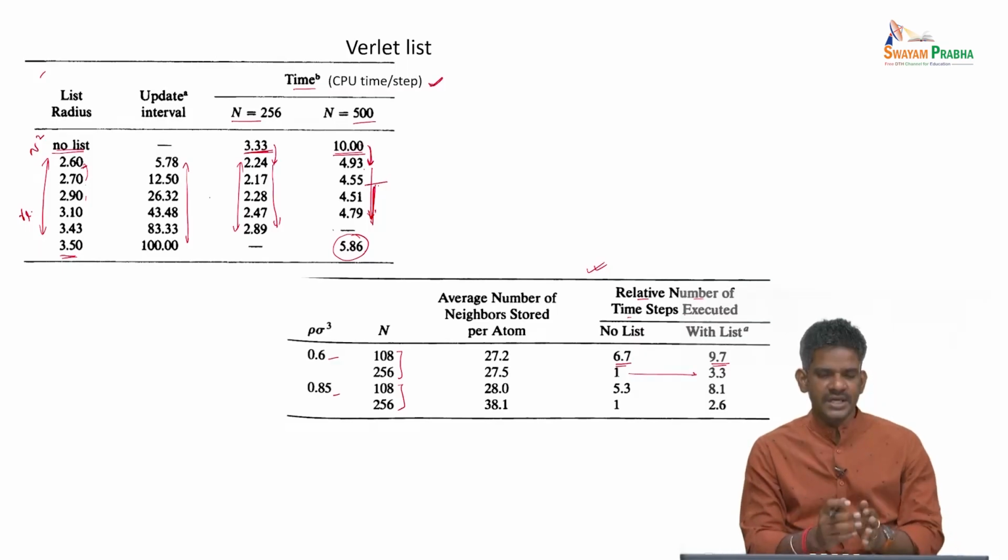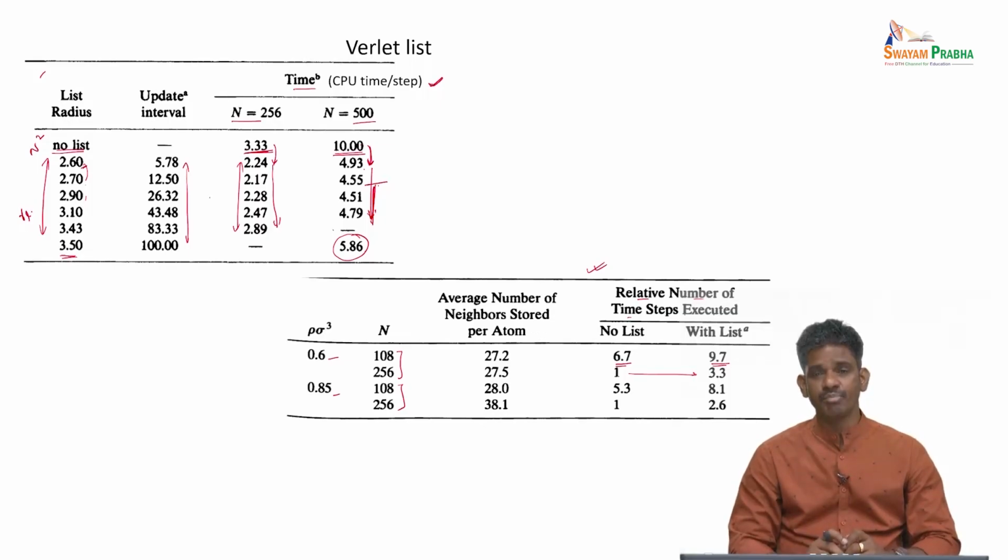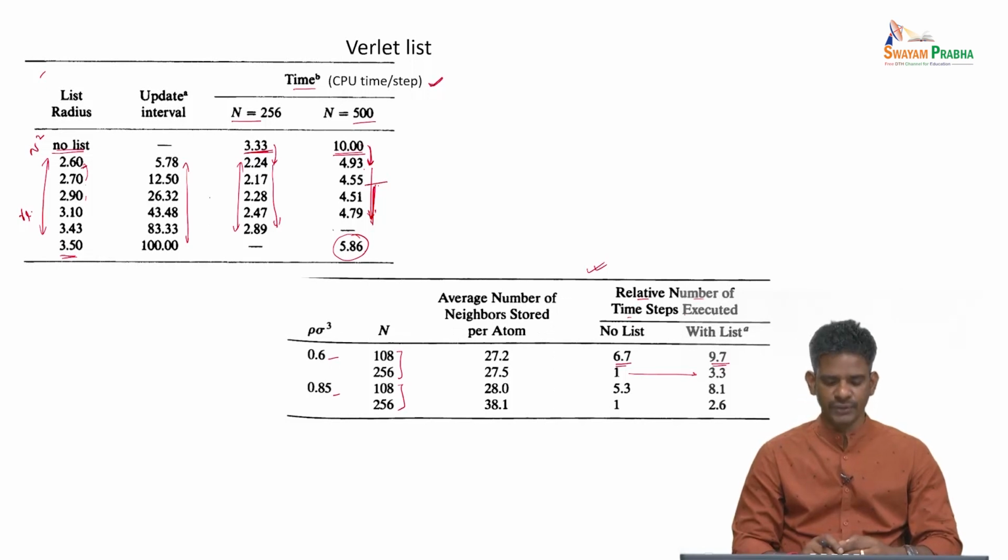So what this means is, if you want to do an MD simulation of a larger system, compared to without a list, having a Verlet list of an optimal cutoff radius helps in speeding up your computer simulations. These are some of the important things to remember when you either write your own MD code or when you use some of the open MD codes available in the literature.